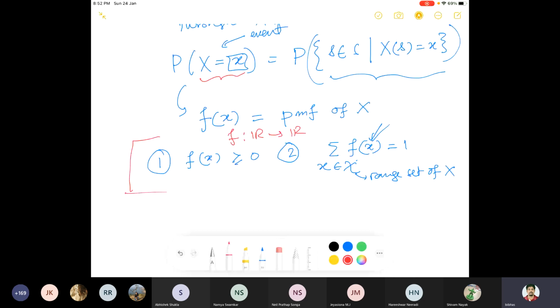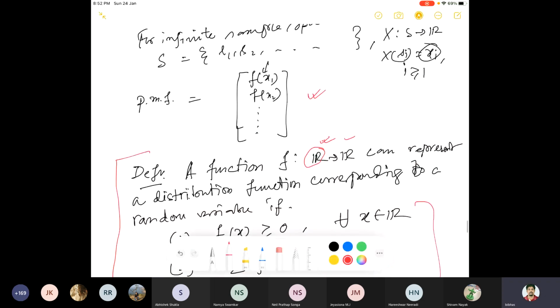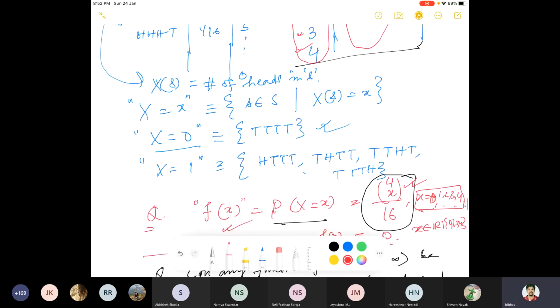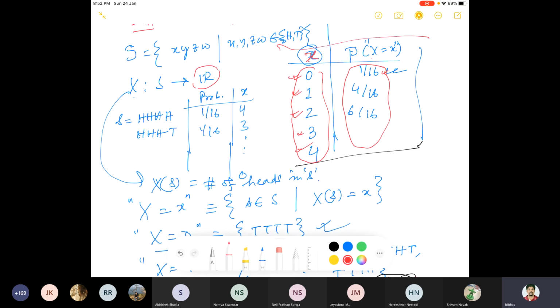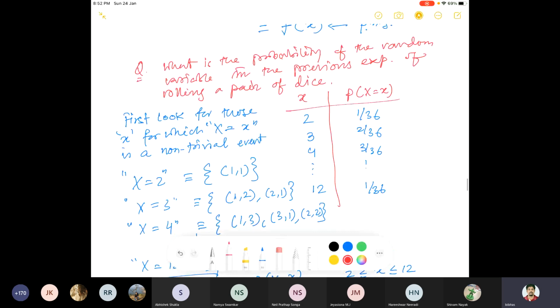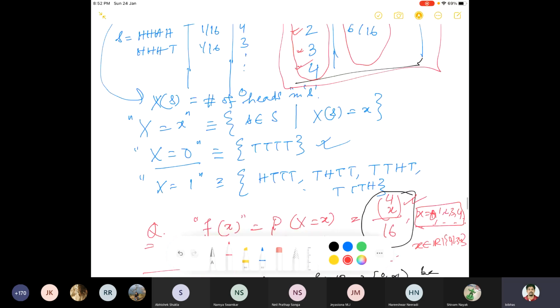So these were the examples we considered. We'll consider this example a little bit today also.